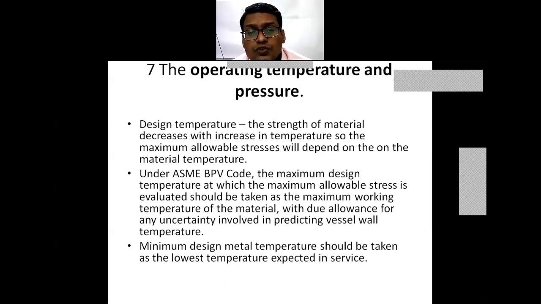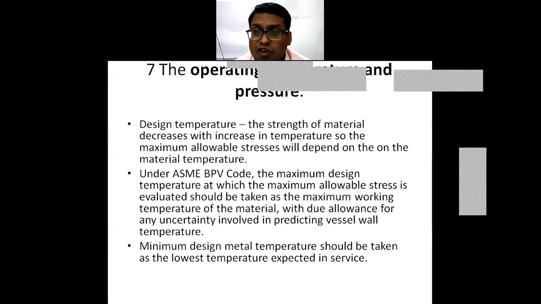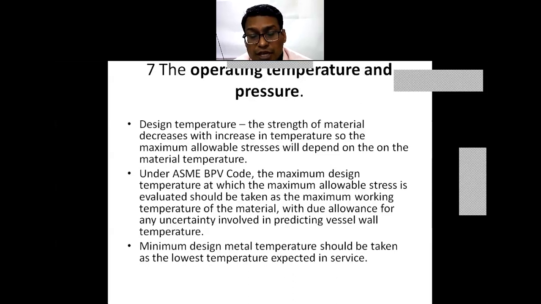Then give allowance for certain uncertainties involved in predicting the vessel wall temperature, whether it be a malfunction of your temperature measuring equipment, or the reaction going out of control, or failures related to utility systems such as cooling water or heating systems. All these considerations are to be kept in mind while designing the vessel.